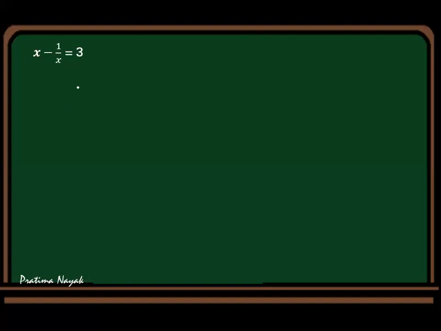So I'm taking another one. So we learned what to write. First, we learned to write x square plus 1 by x square. That will be (x minus 1 by x) whole square plus 2. Right? So 3 square plus 2 is 11.